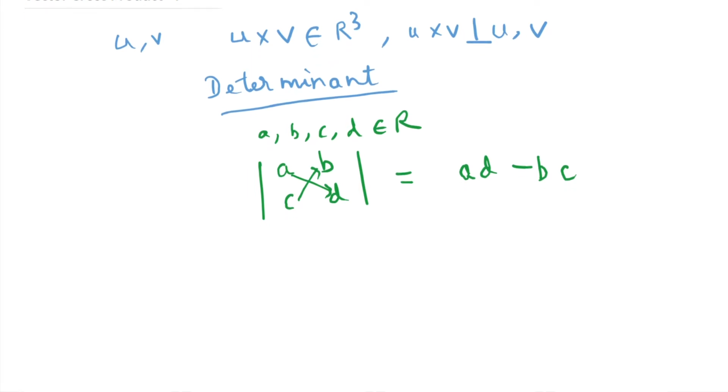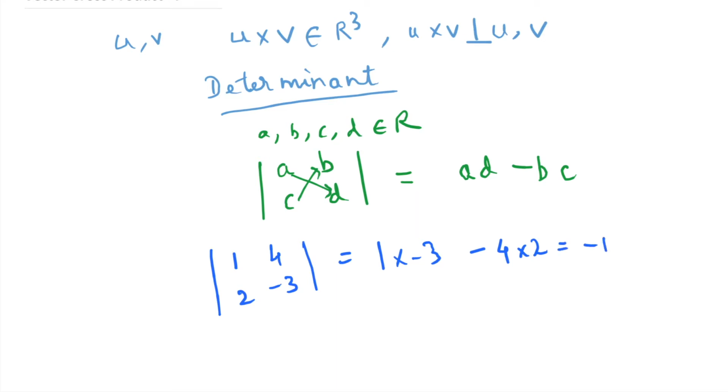So I think an example is required here. Let's say the determinant 1, 4, 2, minus 3 will be equal to 1 into minus 3, minus 4 into 2, and this will be minus 11.